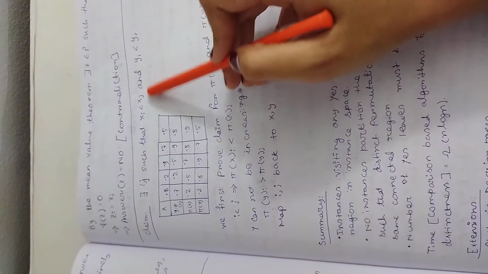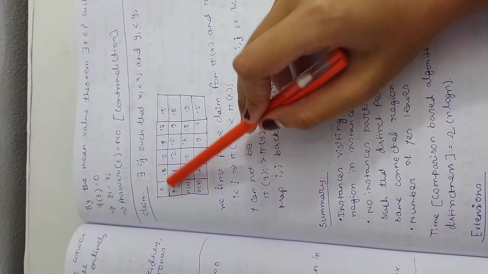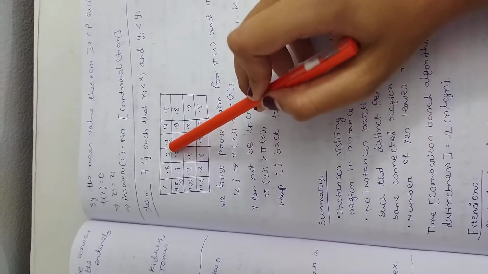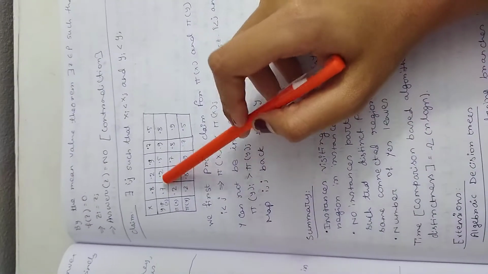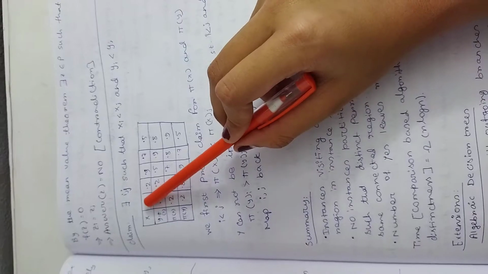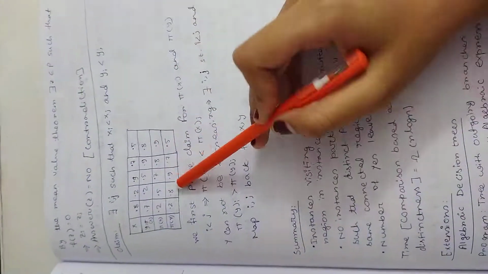So here we are assuming that xi is less than xj and yi is less than yj. Here the value of x is 0.8, 0.2 in this way. The value of sigma of x is in this way. So there is no duplicate pair.